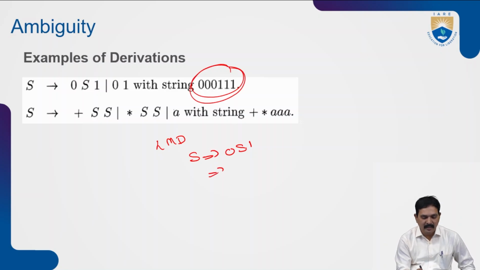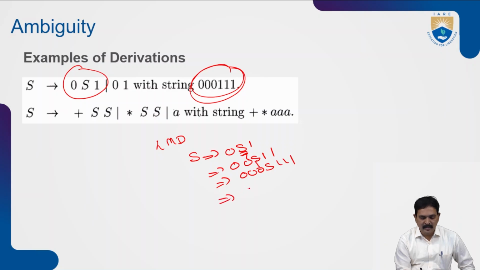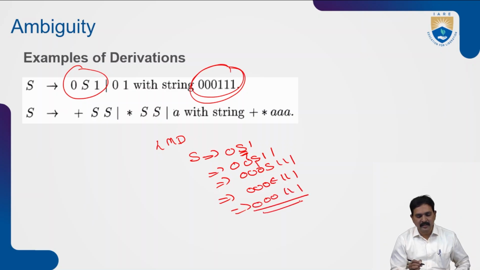So I make the substitution one more time, and this becomes 00S11. Again, using the same production, this becomes 000S111. So in that case we easily get the idea of 3 zeros and 3 ones.